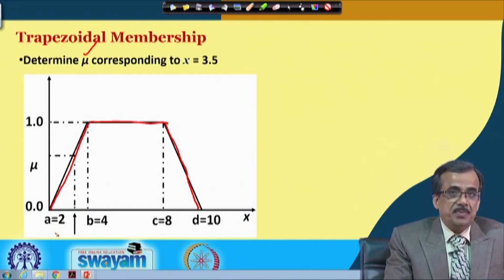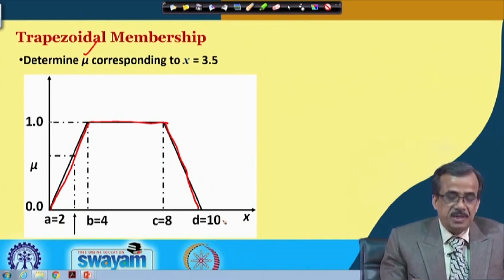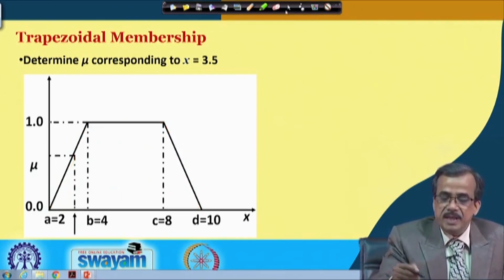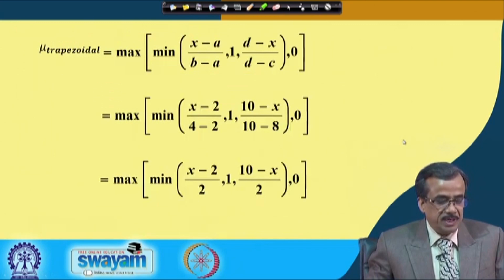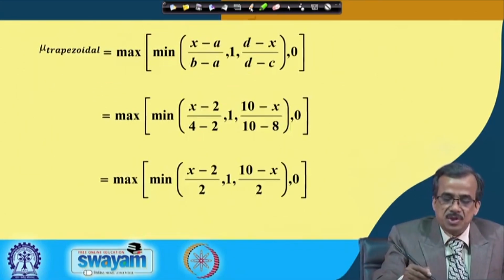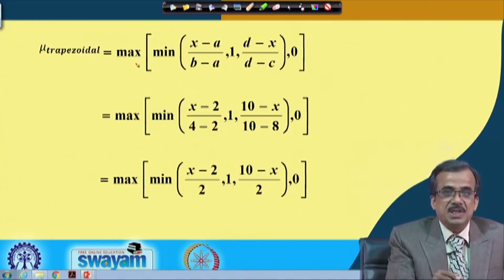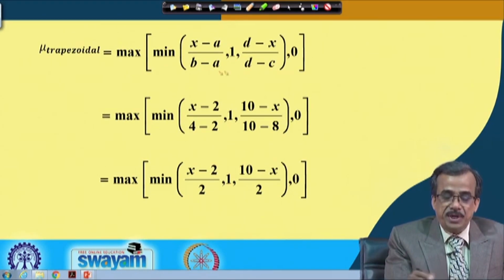Now, using this information of A, B, C and D, mathematically you can express this mu trapezoidal, and that mathematical expression will become something like this. Mu trapezoidal is nothing but the maximum between two.